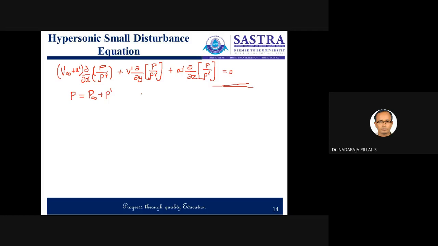Similarly, the density is not equated to rho infinity plus rho dash. So here we consider P still as the whole term, similarly rho. So this is the set of equations we have as of now, in terms of perturbation velocity.